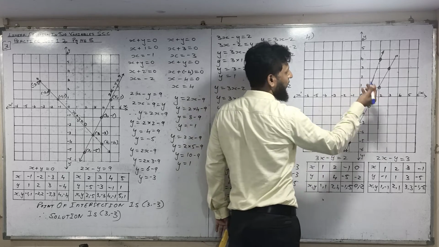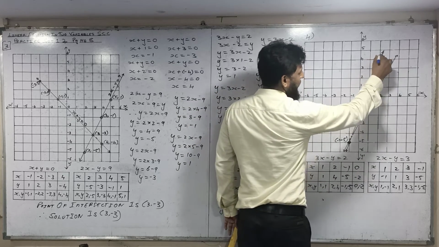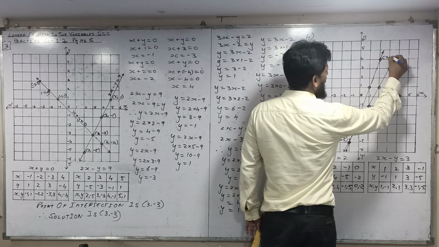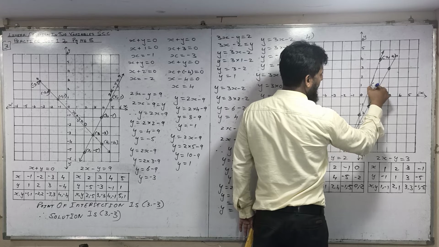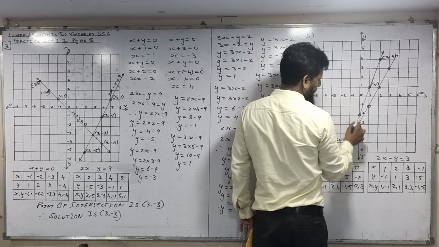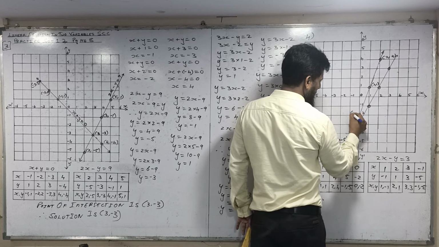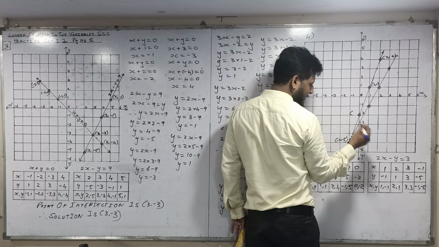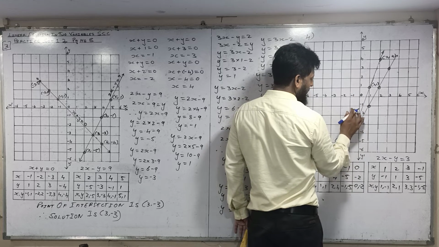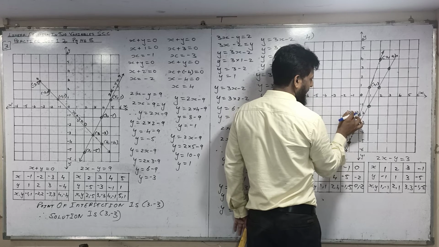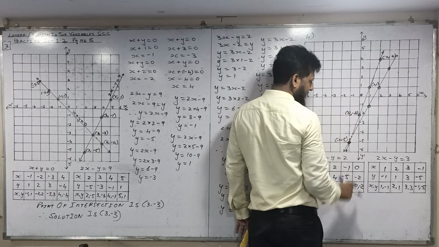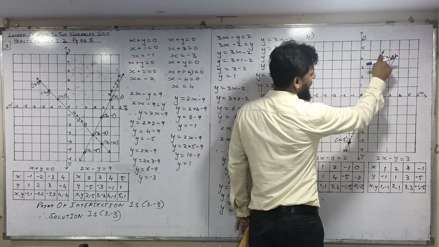So write all the points. X value 2 and y value 4. This point, x value 1, y value 1. For this point x value 0 and y value minus 2. Then 1, 2, 3, 4, done.